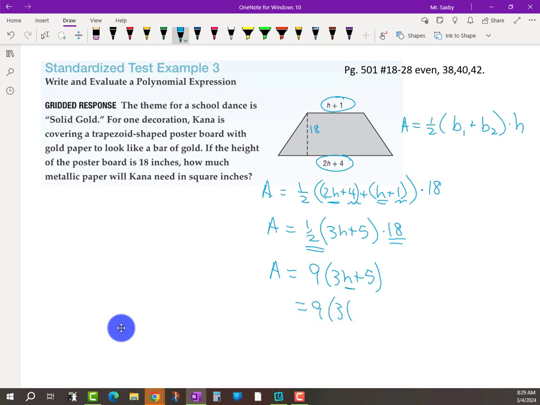9 times 3 times 18 plus 5. Oh, not so many parentheses. Let's see. 3 times 18 is 54, plus 5 is 59. 9 times 50 is 450 plus 81, 531.